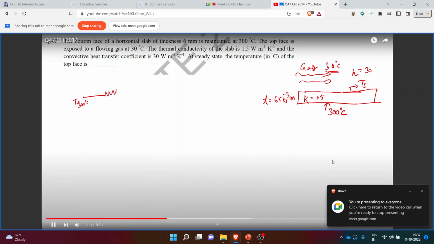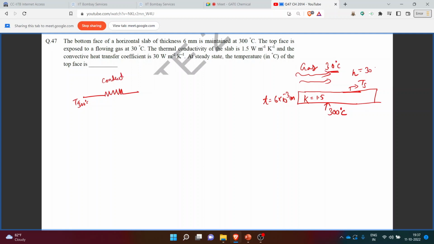Then we will have conduction resistance over here, that is R1, and over the surface we will have convective resistance, that is R2, and ultimately the temperature over here is 30 degrees Celsius, and over here we have Ts, that is the temperature of the surface.